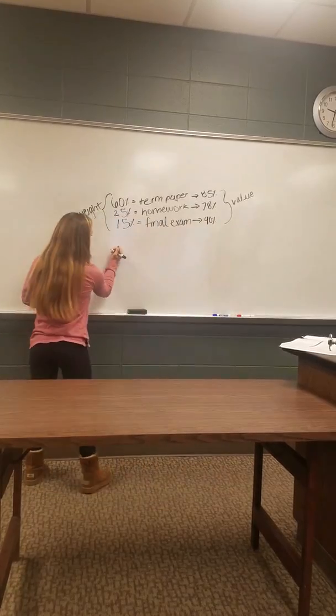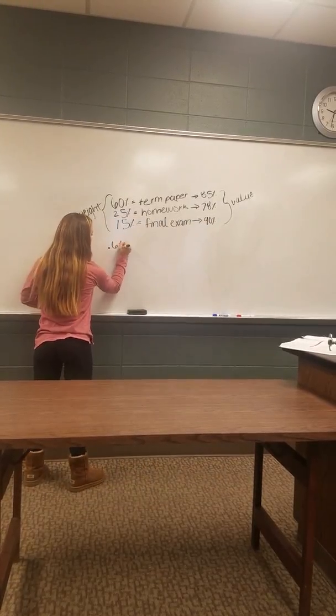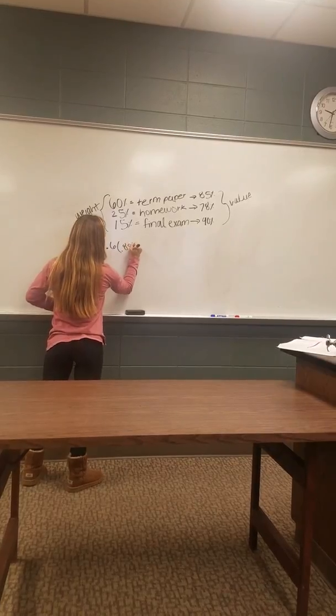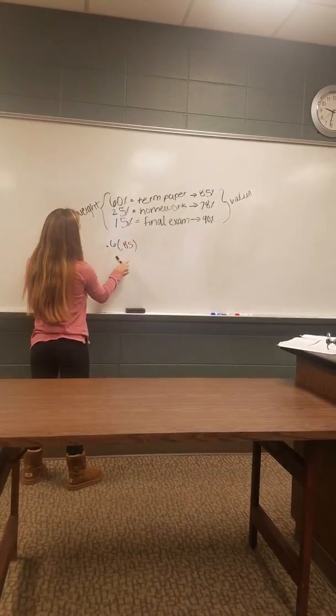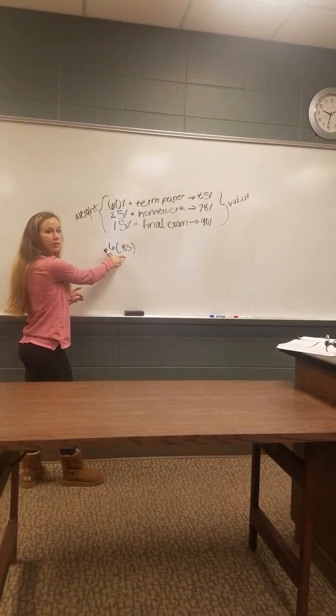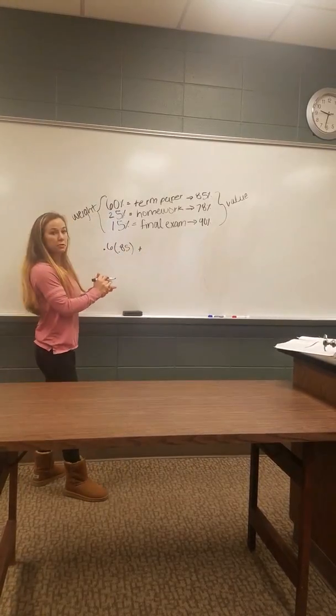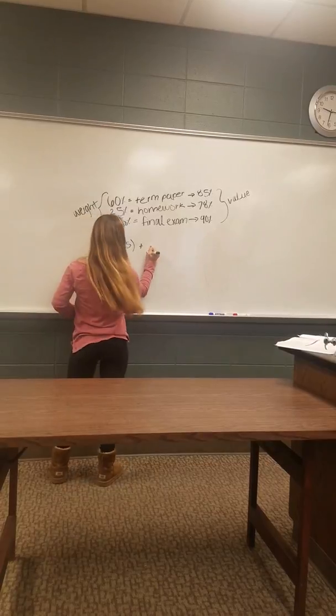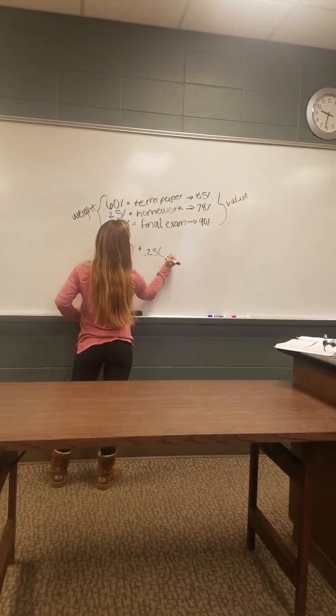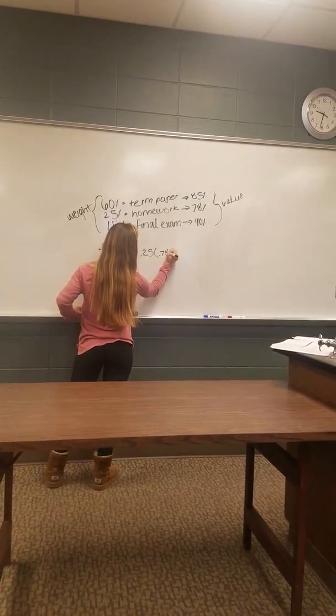So we're going to take 0.6 times 0.85, because this is all the term paper, so they correspond. And then we're going to add that plus the two that correspond for the homework, so that would be 0.25 times 0.78.